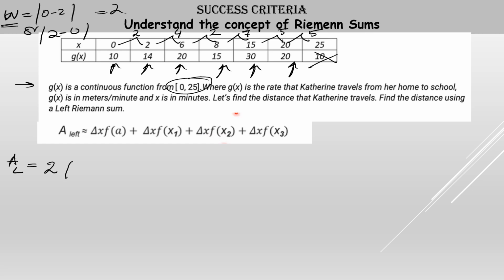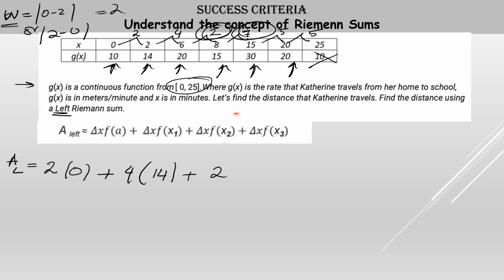Now, since you are going to read the left Riemann sum, you will start with the first point. Then the second width is 4 and the second point is 14 for g of x. The third width will be 2. Look here, I am choosing my width from the top row and my points from the bottom row.